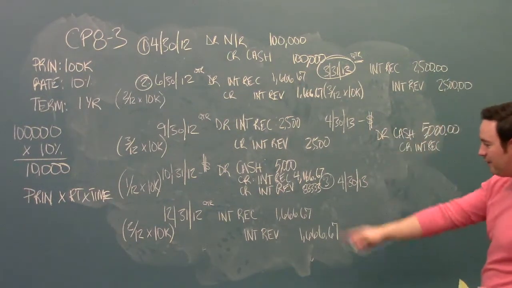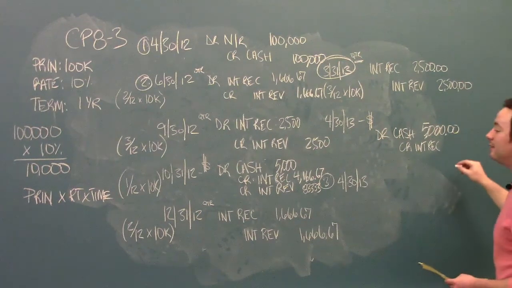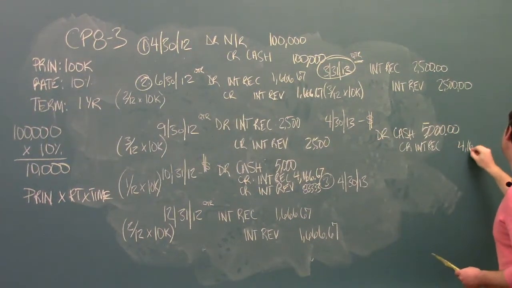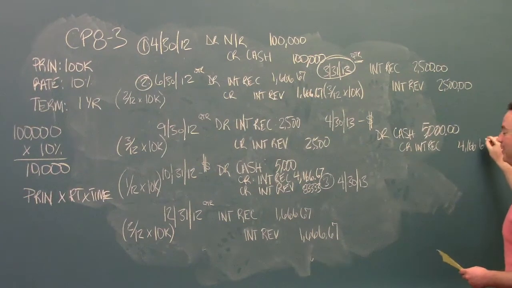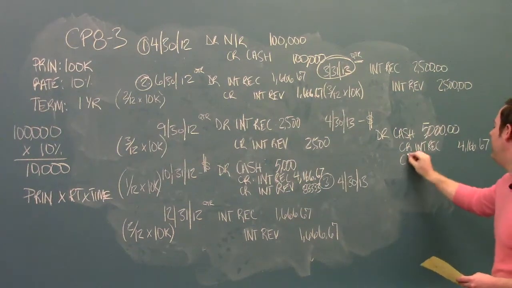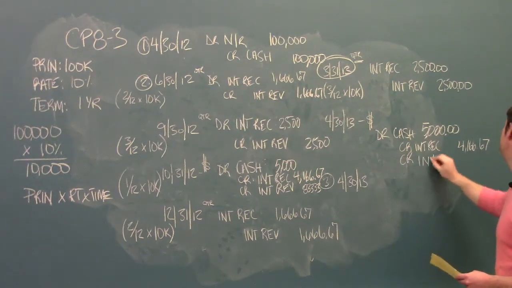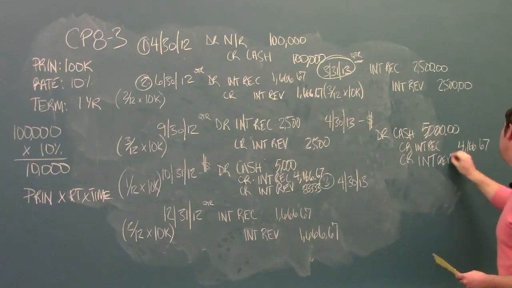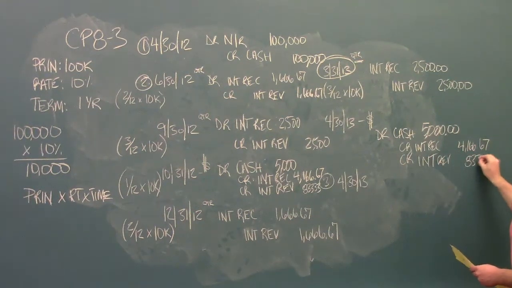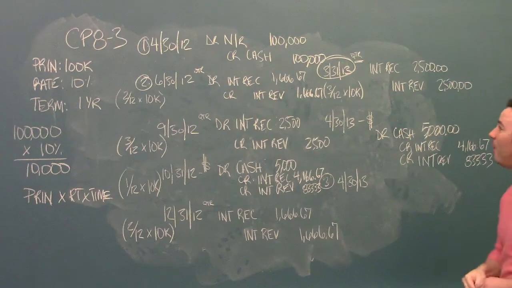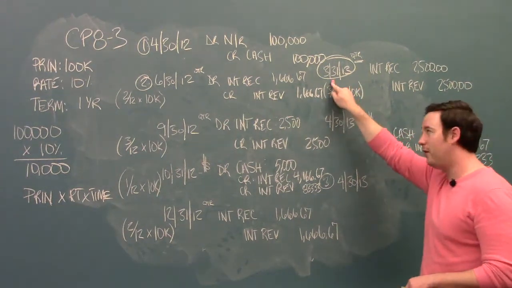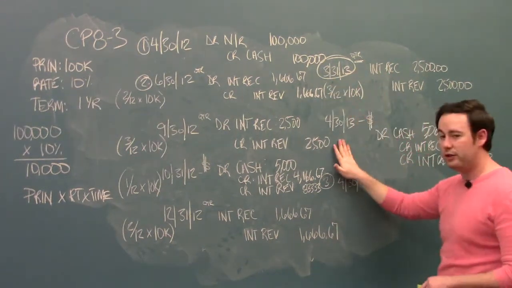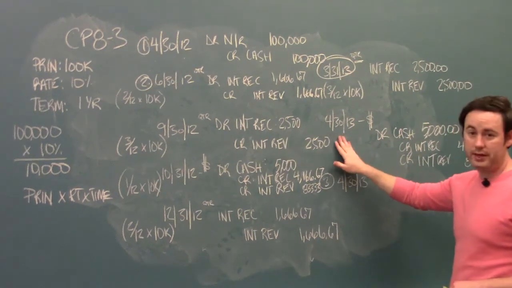So we're adding up the 2,500, adding up the 1,666, and we get 4166.67. And then we credit interest revenue for the difference, which is the same amount as we had last time, 833.33. Because again, 1 month has passed. If you look, March 31st, same as April 1st, right? And now we're making a journal entry again on April 30th, 2013.